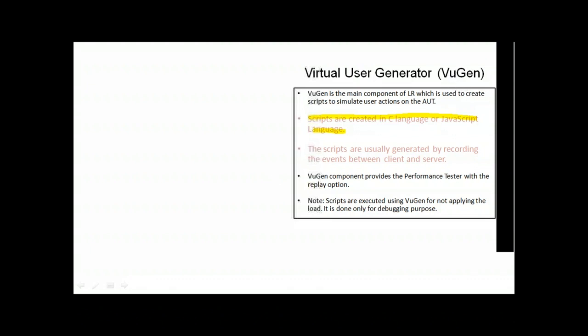Okay. So if you have paid enough attention, as you see, all the scripts which are generated in the Vusion are in the C language, and for some of the protocols it also supports JavaScript. We have seen the proof by opening the tool.